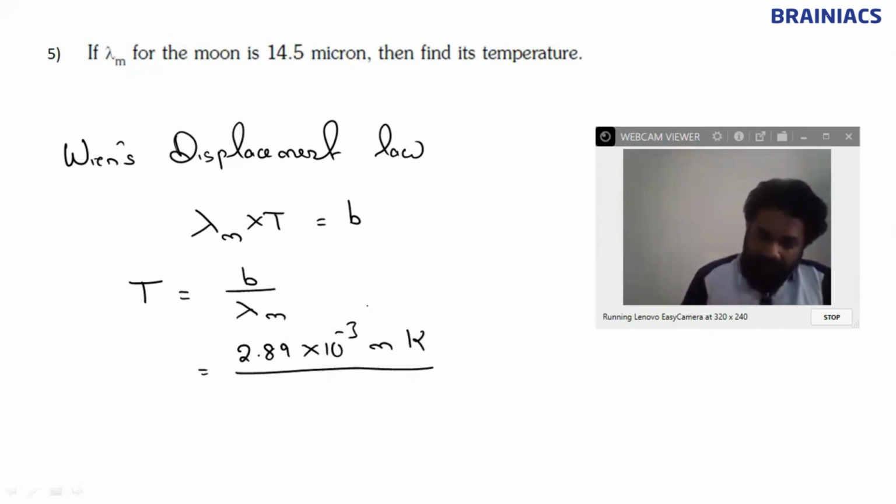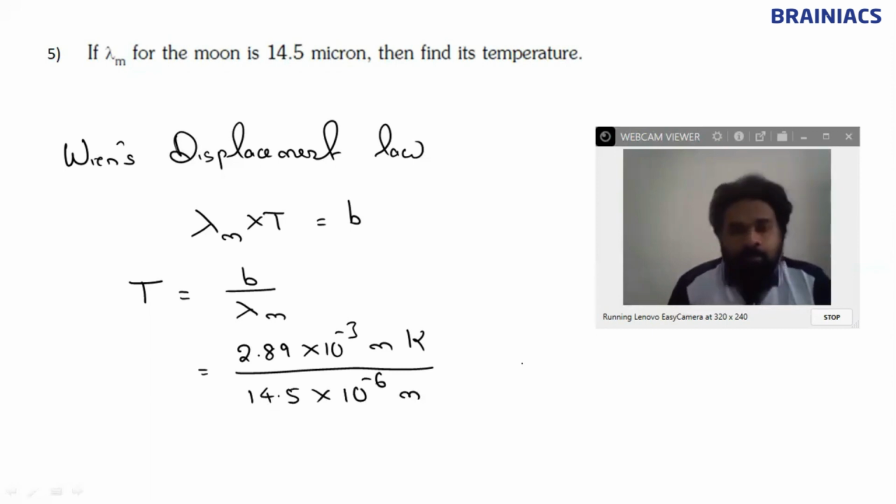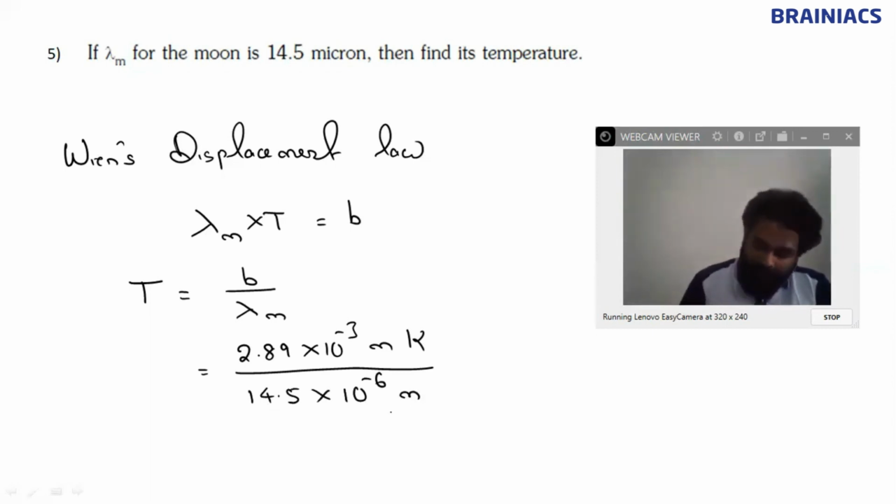You divide by lambda m, which is 14.5 into 10 raised to minus 6 meter. Clear? So now when we solve this, we'll be getting 199.3 Kelvin.